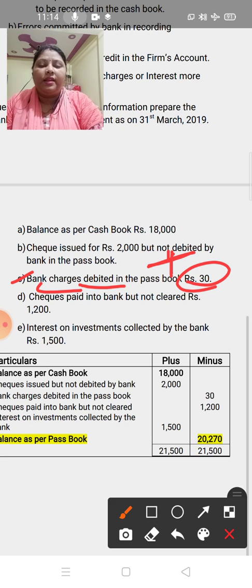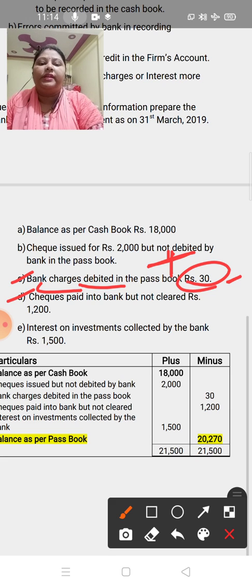So again the bank passbook and cash book are not equal, so you have to make them equal. Here the passbook is 30 rupees less. It means you have to subtract from the cash book. So this transaction you have to do minus with the cash book.